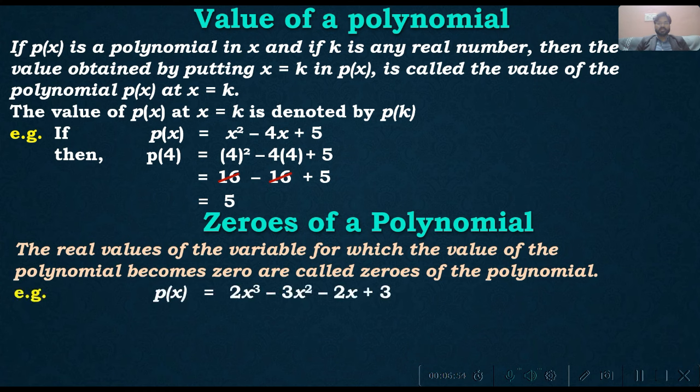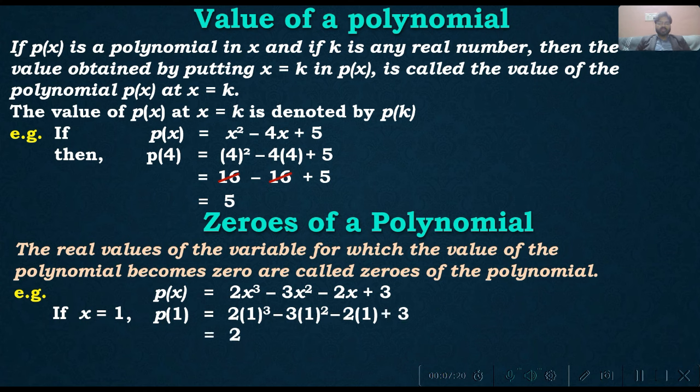नाउ एग्जांपल if Px is equals to 2x cube minus 3x square minus 2x plus 3, x की अगर हम 1 पुट करते हैं तो 2 into 1 to the power 3 minus 3 into 1 square minus 2 x की वैल्यू 1 plus 3.